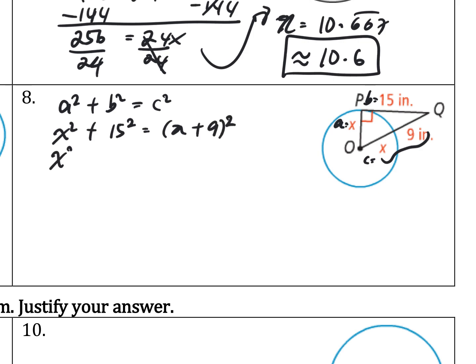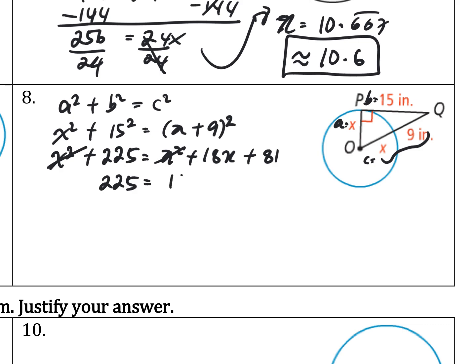So this is going to be x squared plus 225 is equal to x squared plus 18x plus 81. We can now cancel x squared together. So what is left is 225 is equal to 18x plus 81.